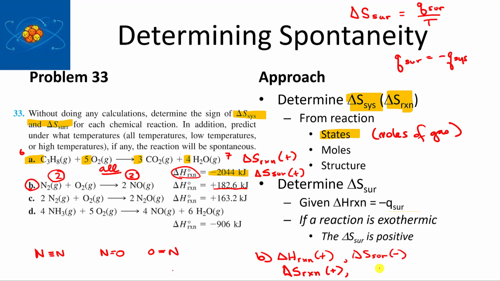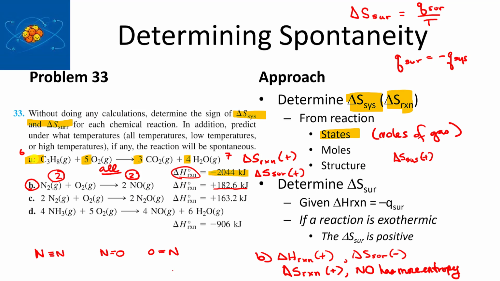And the reason is because NO has more entropy. Okay, so what does that mean? So if I look at the reaction, I know that delta S of the system is positive. And this is a constant.